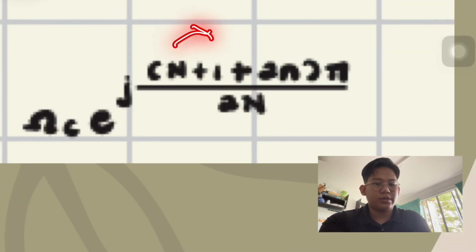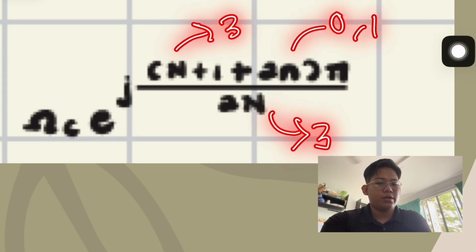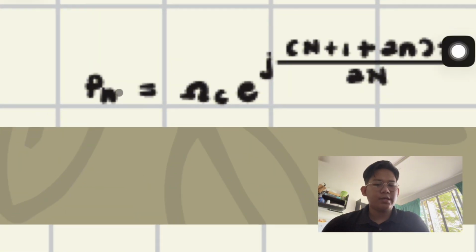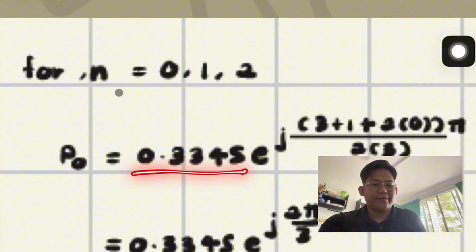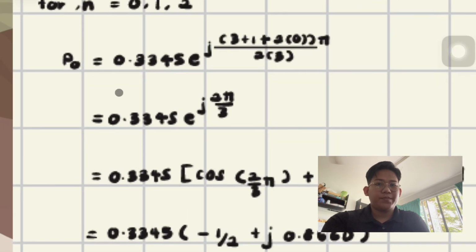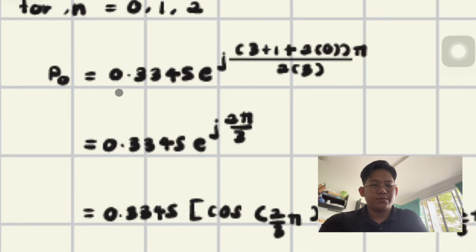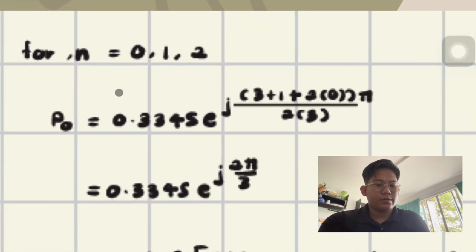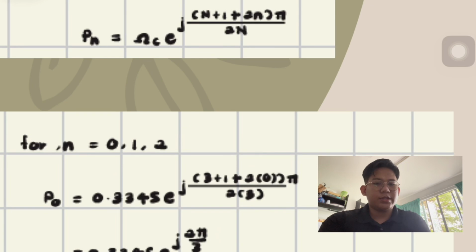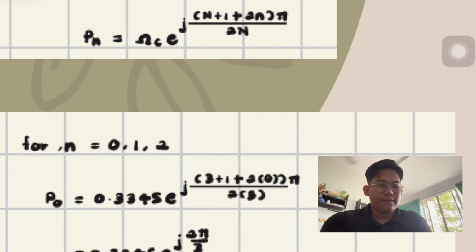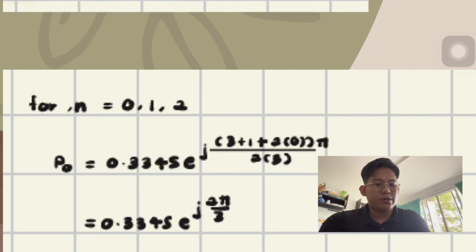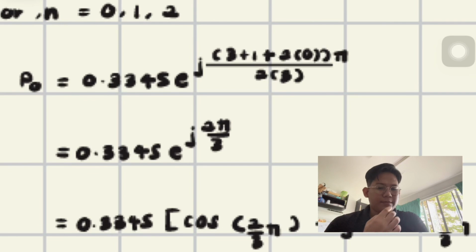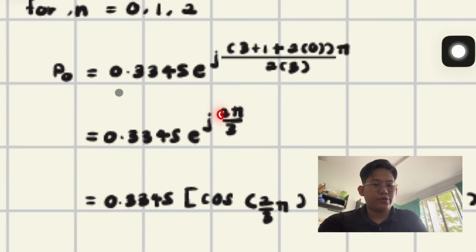This one is 3 and this one is 3, and this one is 0, 1, and 2. Omega c, we got 0.3345. So for P0, n is 0. By using this formula, summing it up, we got 2 over 3 pi.